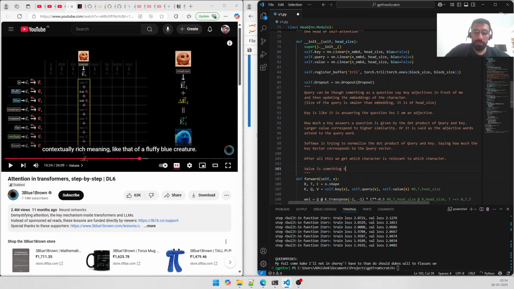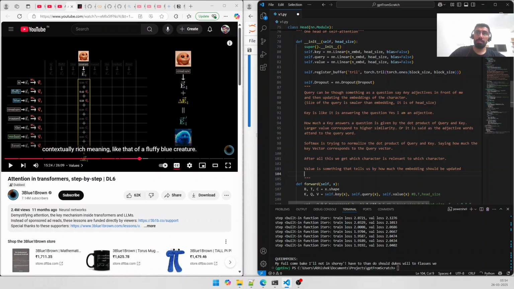Value is something that was by how much the embedding should be updated based on the embedding.